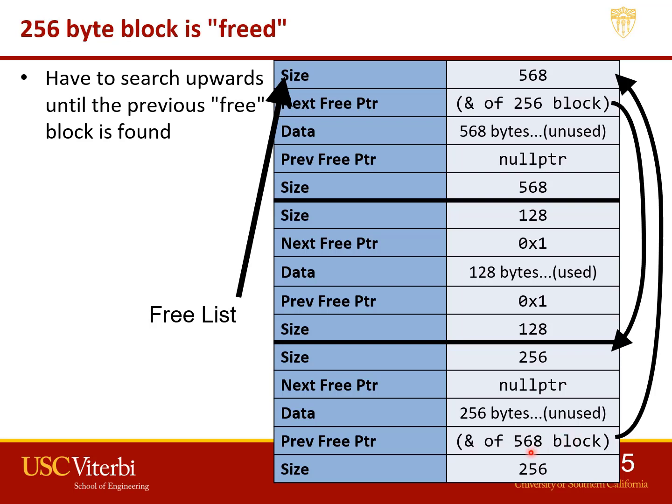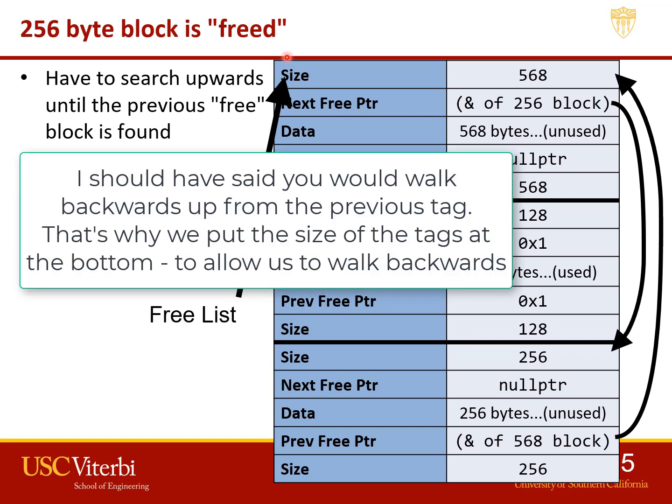So we have to insert ourselves back into the list. So we have to find what the address of the previous free block is. How do we get that? Well, this one's going to be a bit brutal. We'll have to go to the free list, start at the free list, and follow its pointer down through until we find the next available block.